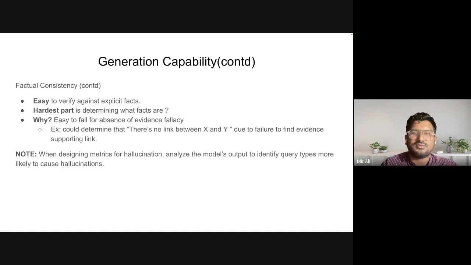The main note provided in the chapter is that whenever we are designing metrics for hallucination, we'll have to analyze the model's outputs to understand which query types are more likely to generate hallucinations. One example they have provided is Math Olympiad.